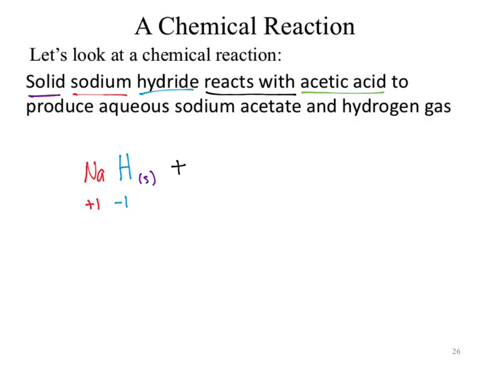Acid. What does it mean to be an acid? It needs to be aqueous. So we know the phase. What else does it need to be? That's kind of a hint. If we look at the products, sorry, I'm going to talk over you for a second. We also have aqueous sodium acetate.